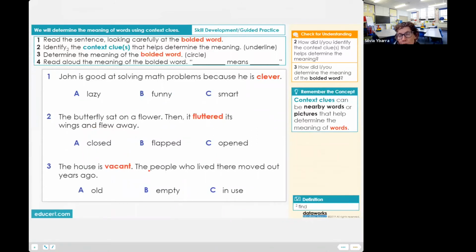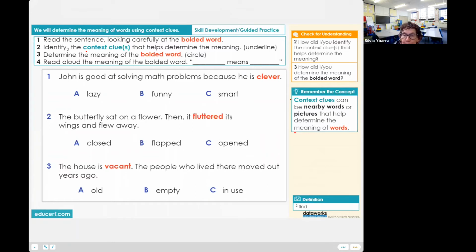Then we're using now words or pictures, but this page here is skill development and guided practice. And much of the rubric talks about having everything be text-based. So if you notice, we use a lot of context clues, and the students might already know what clever is, but that's not the important part, even though we have selected these words to match the reading level we're talking about. On this one, we're talking about the reading level of about 4th and 5th grade.